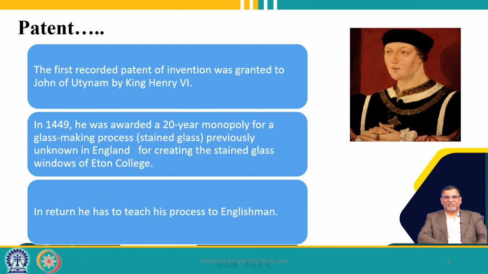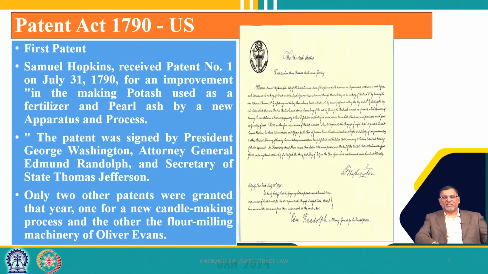In return, the king asked him to teach this particular process to the Englishmen. So, after 20 years, the Englishmen could use this technology for making stained glass. So, in 1449 the first patent was granted in England.